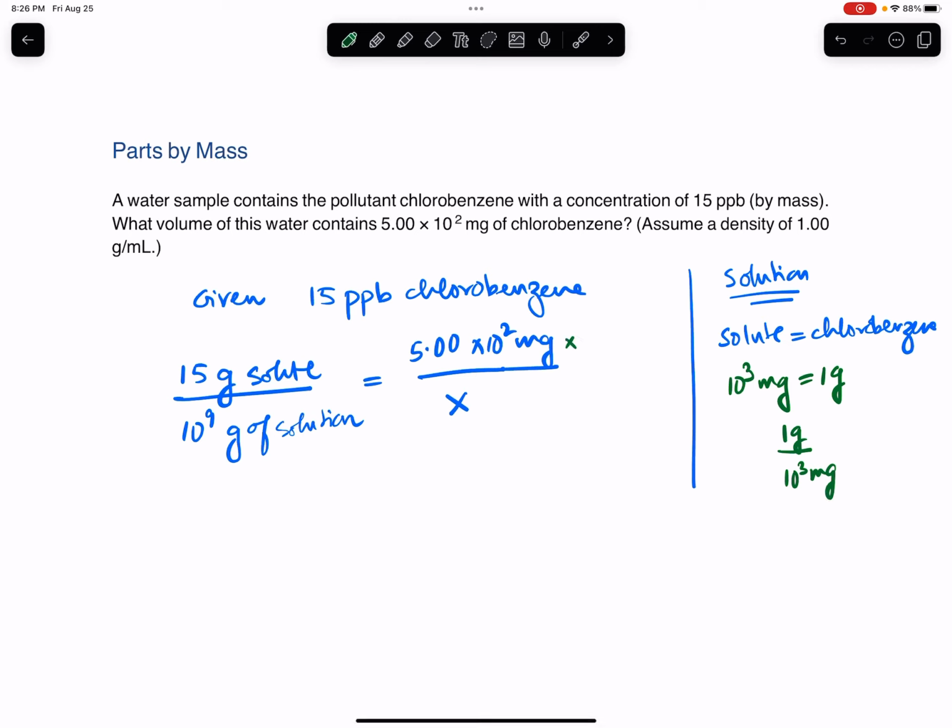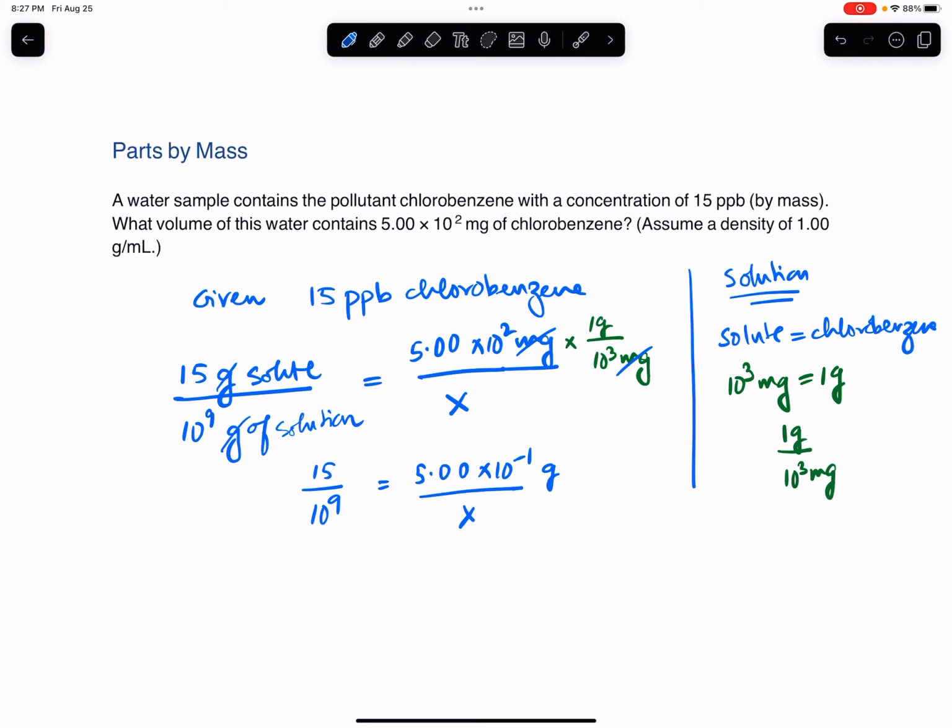The milligrams cancel out, and this ends up being 5.00 times 10 to the negative 1 grams over x. On the left side, we'll just drop all the grams to make it simple, so we have 15 over 10 to the power 9. We drop the grams because those units cancel out.